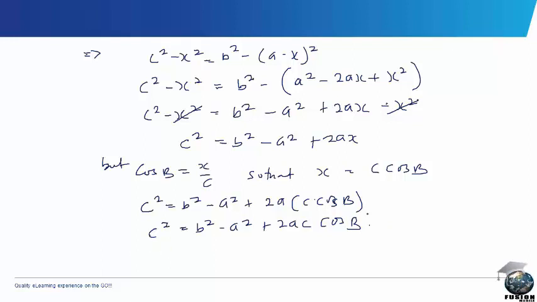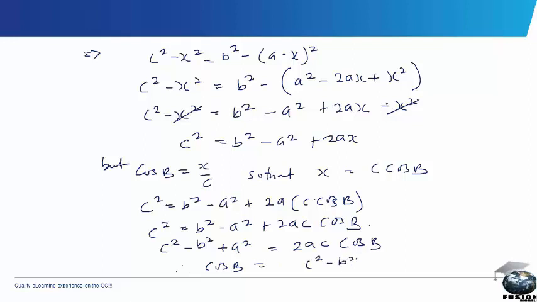And so we have from this part that you can still find cos B, being the angle, that maybe when you are looking for an angle, you can make cos B the subject of formula. That implies that you take over all other parts of the equation to one side. This becomes minus B squared, it crosses an equality sign, and this becomes A squared, to be equal to 2AC cos B, so that therefore cos B will be equal to C squared minus B squared plus A squared, all divided by 2AC.